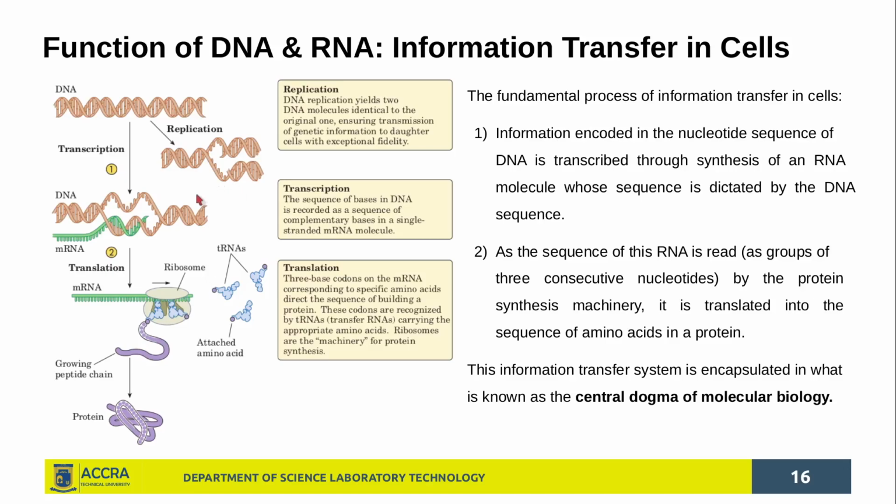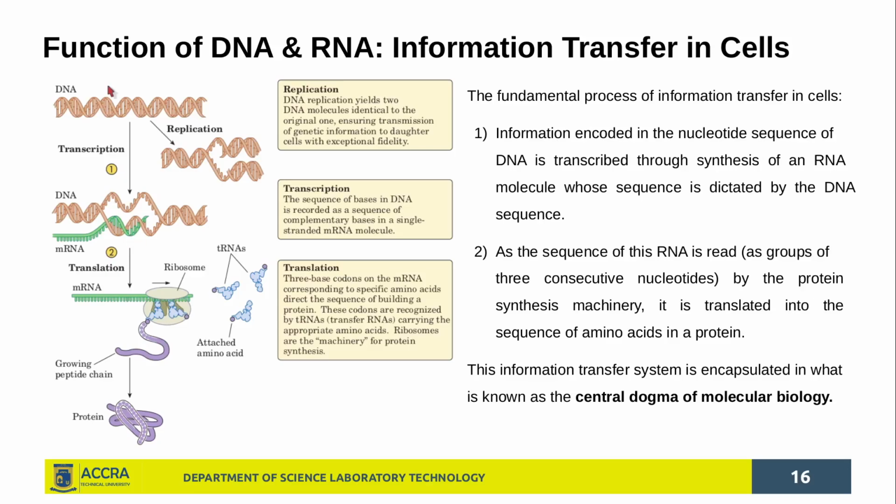Now, what you see here in the transfer of genetic information is what is referred to as the central dogma of molecular biology. And this is about the fact that from DNA, RNA is produced, messenger RNA is produced, and from the messenger RNA, proteins are synthesized.